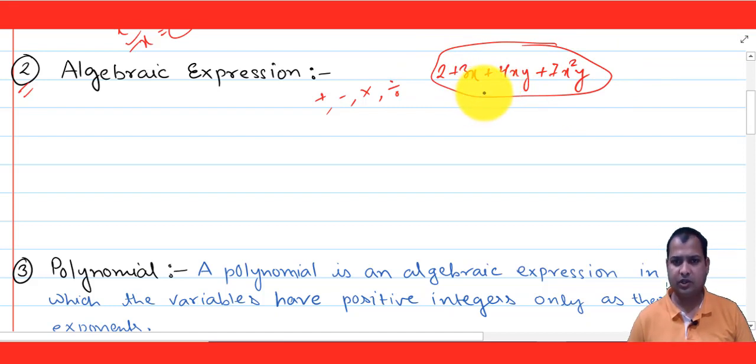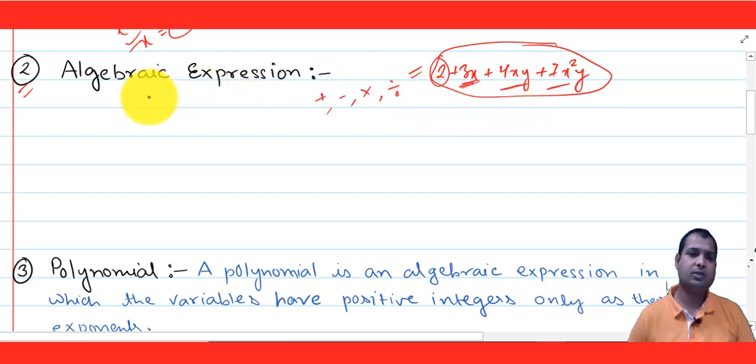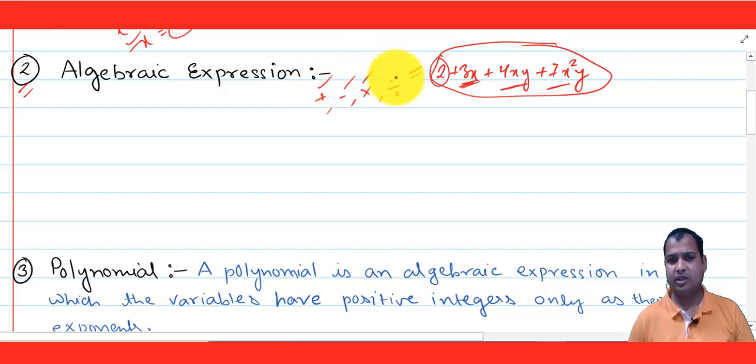algebraic expression, okay, because this is an expression, okay, which contains constant also, like here 2 is the constant, okay, and this variable is also there. Yes. Same here, variable terms. So algebraic expression is a combination of both constant and variables connected by plus, minus, multiplication, division.